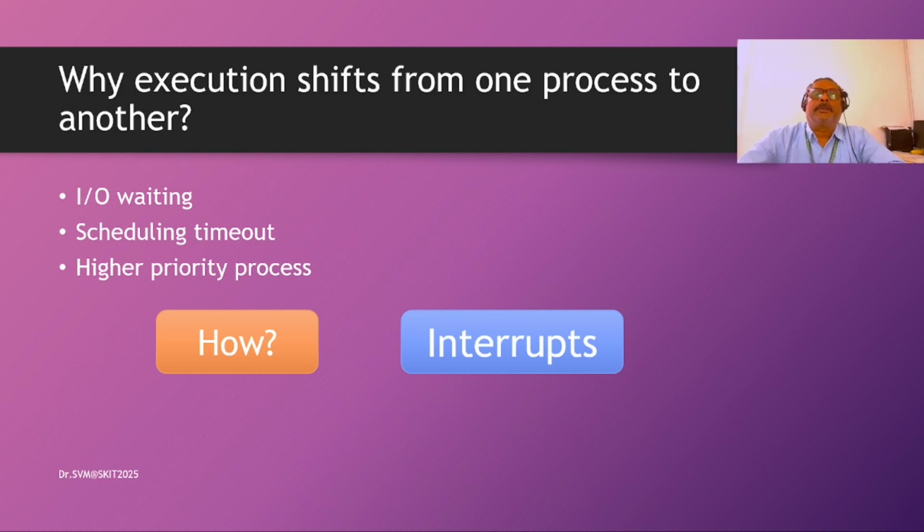Or if it is a high priority process, then it has its own way of working, so the process gets in. Whatever happens, one thing is common: whenever we want to shift a process from running to a non-running state, it may be waiting state, blocked state, or ready state, whatever the reason is, for shifting we have to stop the process where and when we want it, and for that we make use of something called an interrupt.